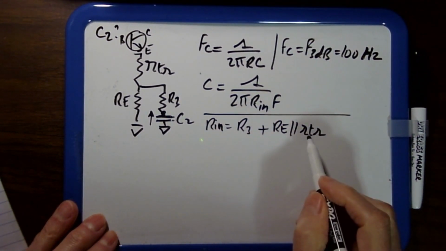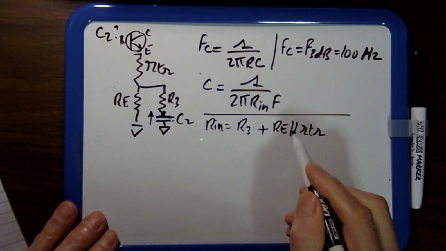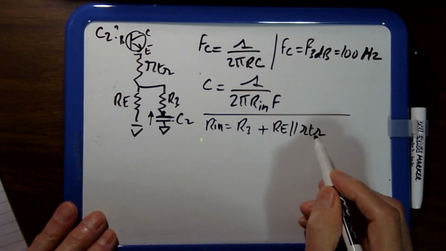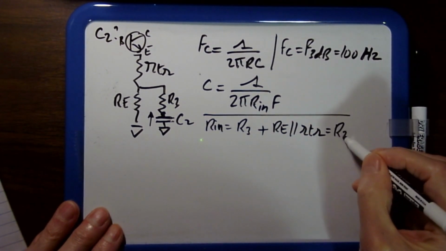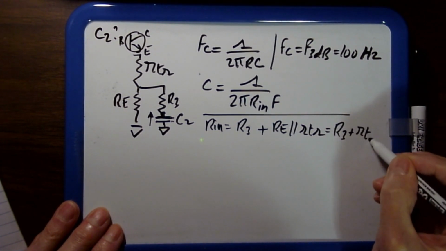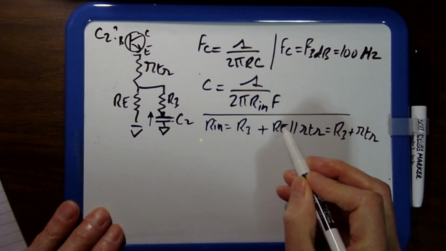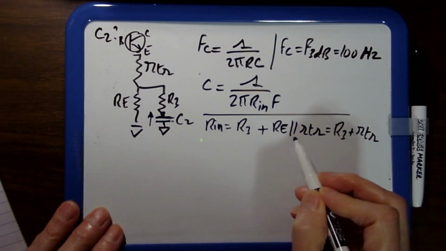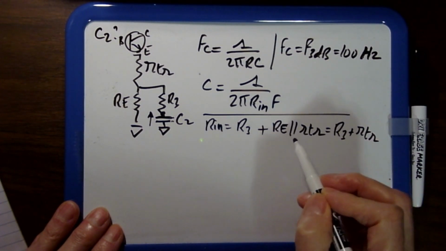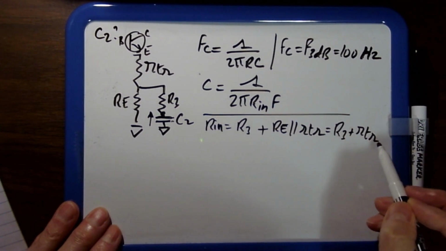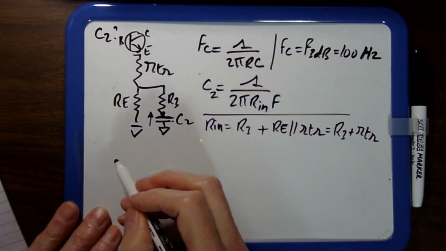So this is the R in, and because RE is much greater than RTR, which is true, R in is equal to R3 plus RTR. Okay, so RE is much greater than RTR, so because this is a parallel setup, you can just get rid of RE, and you end up with R in equal R3 plus RTR. So that gives you C2 here.